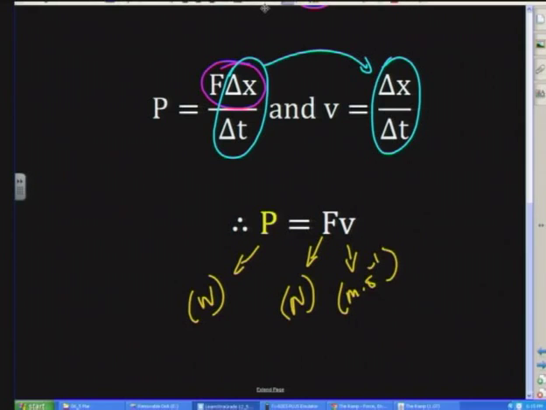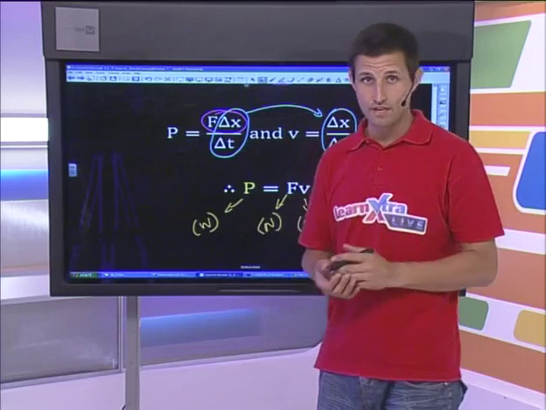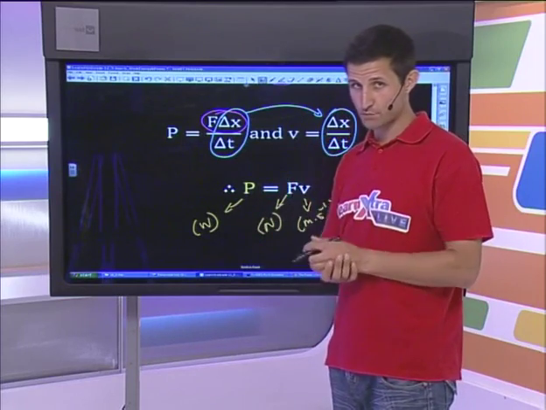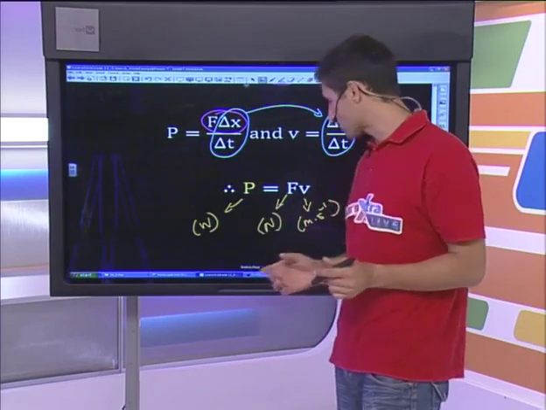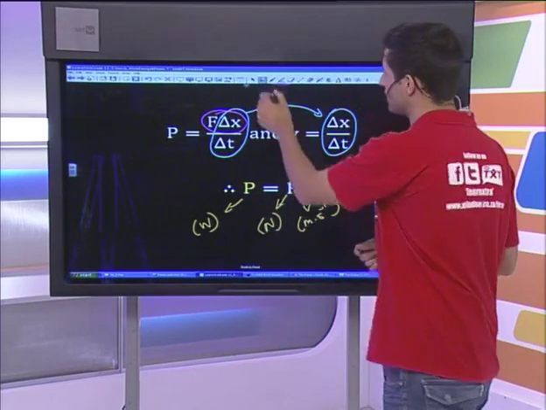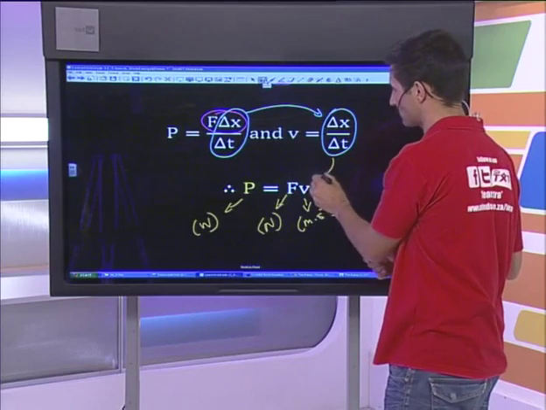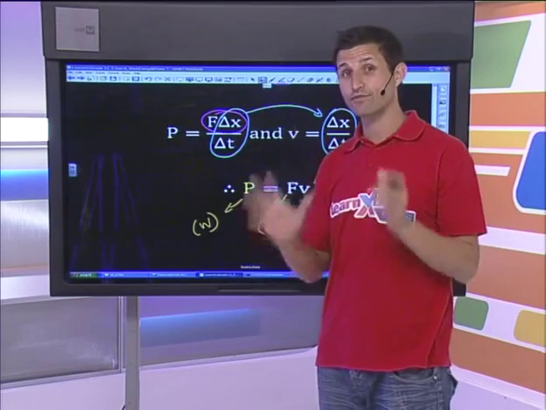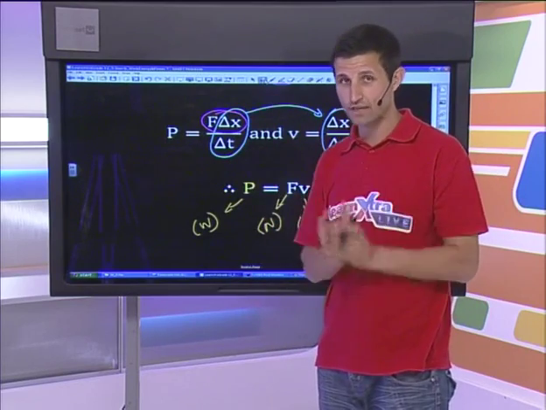What I want you to remember is that there are limitations to this. The F and the V, first of all, need to be in the same direction. And also, this V, because of the equation that I used, because it came from that one, I can only talk about average or constant velocity.